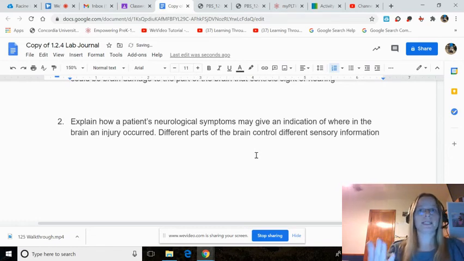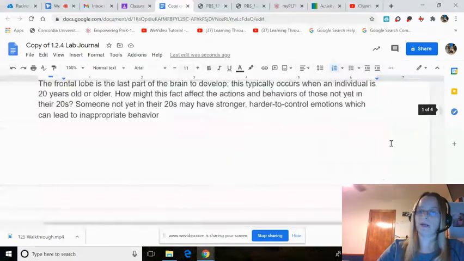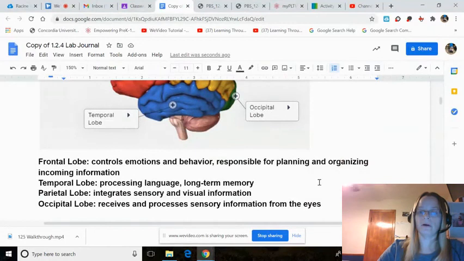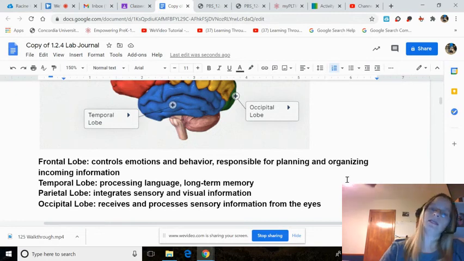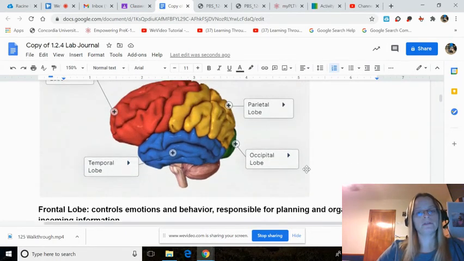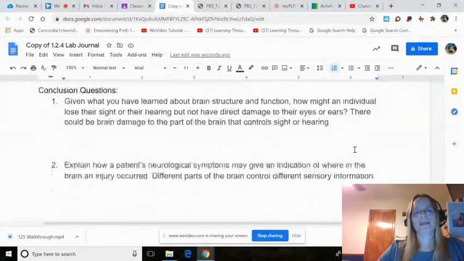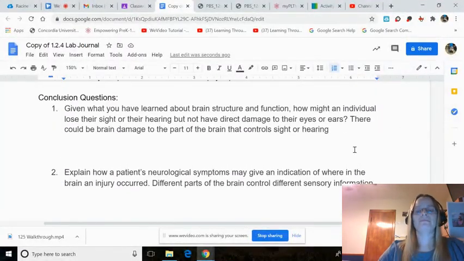If somebody was presenting with long-term or short-term memory loss, the first part of the brain to look at is the part that controls memory, the temporal lobe. If they came in presenting with extremely erratic behavior, they'd probably look at the frontal lobe. So knowing a little more about the brain will help you become better healthcare professionals.